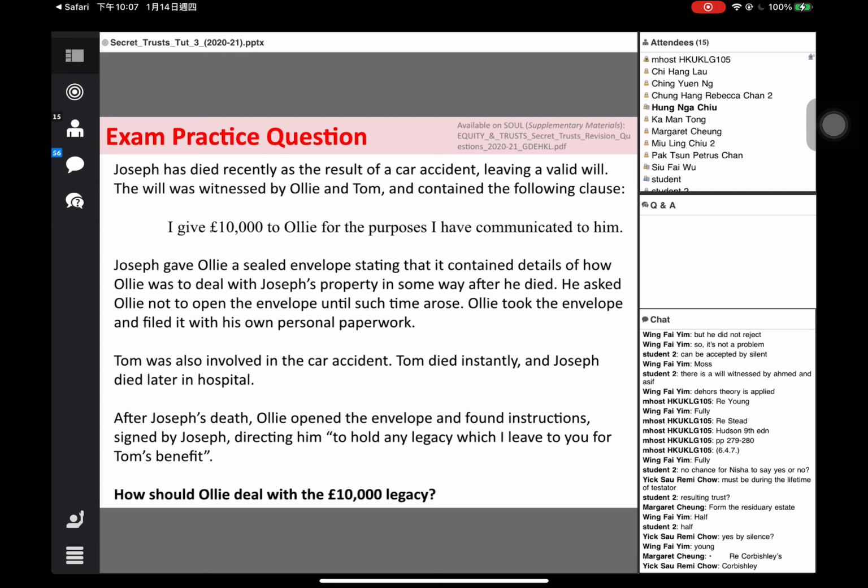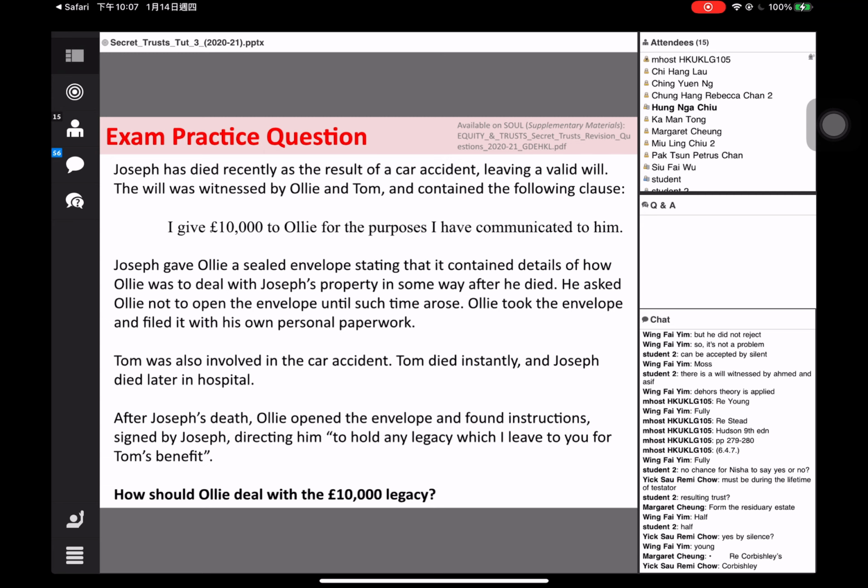So Tom's own heirs would not be able to benefit from it. However, there is an alternative authority, the Re Gardner case, which states that the gift is actually created at the time of communication and acceptance by the secret trustee. So it's inter vivos.